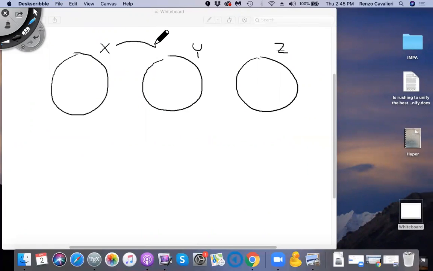We have a function f from X to Y, we have a function g from Y to Z, and we have a function g composed with f from X to Z, right?